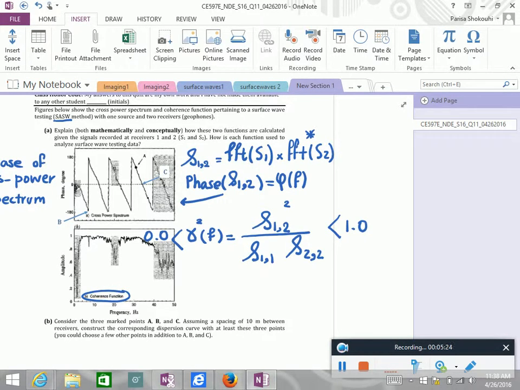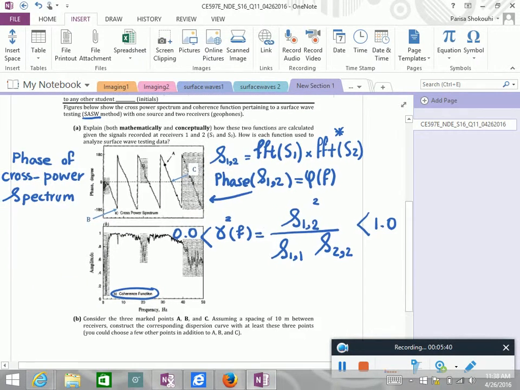Remember what you were plotting to see where the maximum is to get the time lag? I want everyone to make this connection between time and frequency domain. So this is the first part. Mathematically, you know what that is.